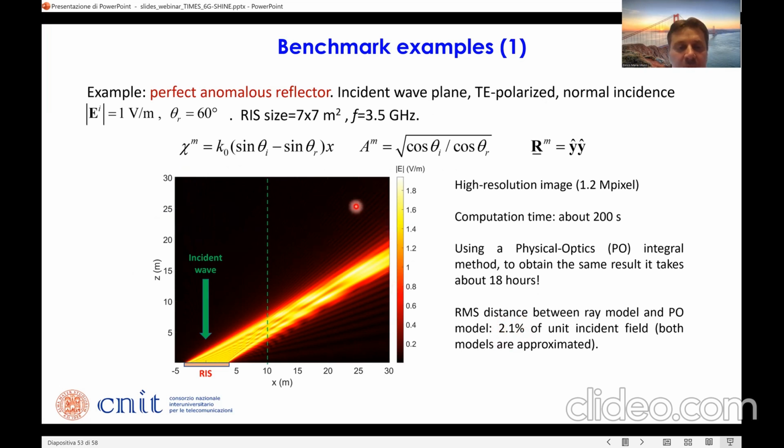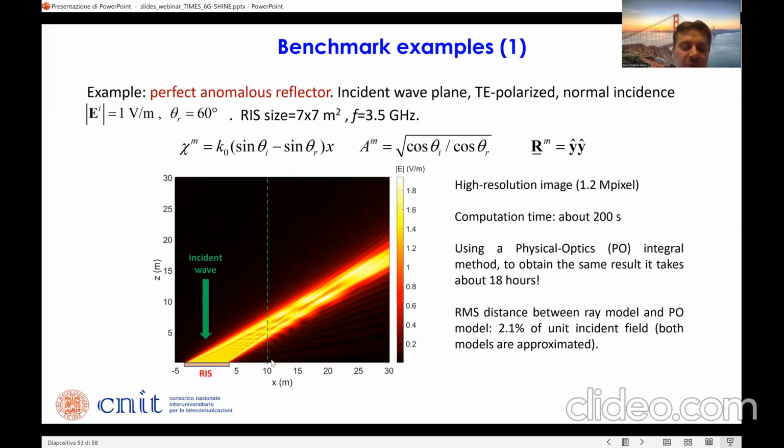On the whole, considering the whole grid, the root mean square distance between the ray model and the physical optics model is 2.1% of the unit incident field.